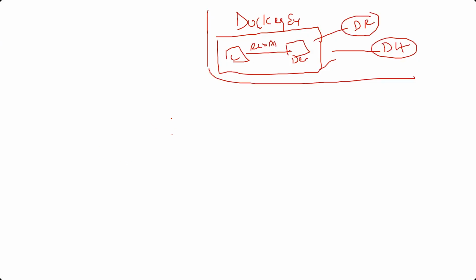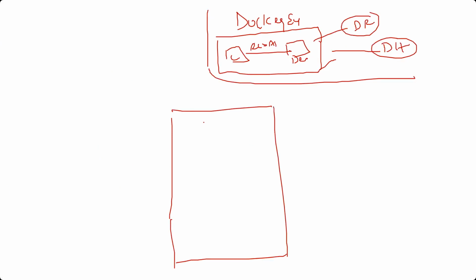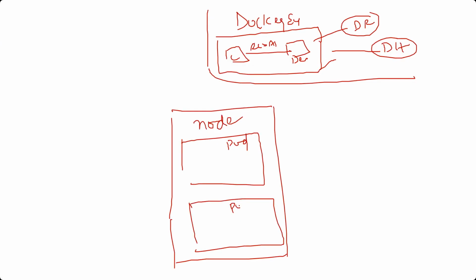Now if you look at Kubernetes, it plays the game on what we call a node. Inside a node it has something called a pod. Each node manages many pods. Inside every pod you have a container.